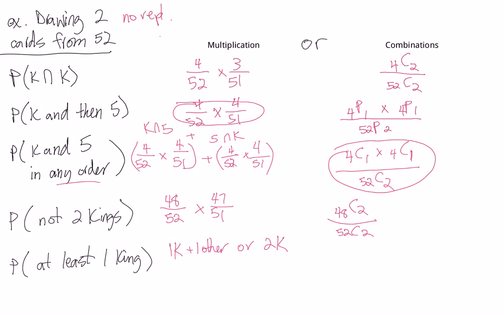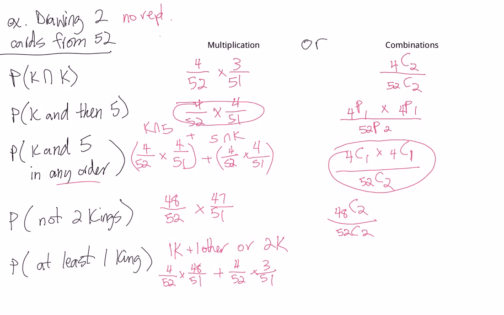This one's going to be tough in multiplying, so 1 king would be 4 out of 52, and then 1 other, so a king and then whatever else, would be 48 cards out of 51. And then we'd have to do 2 kings, so 4 out of 52 and 3 out of 51. Order doesn't matter, so that should be good.